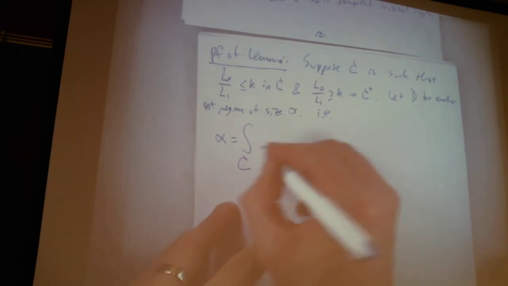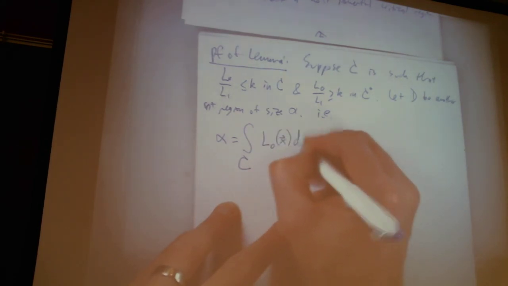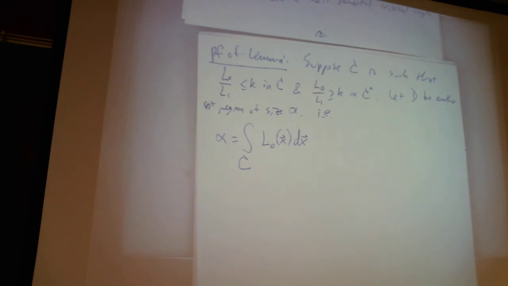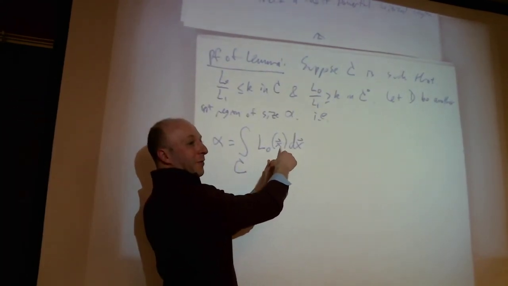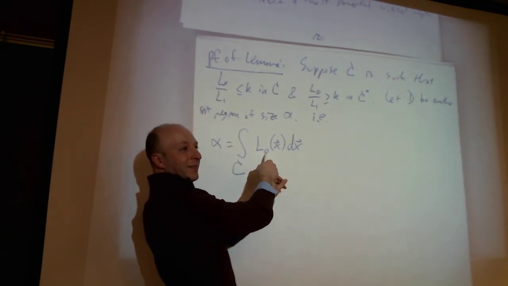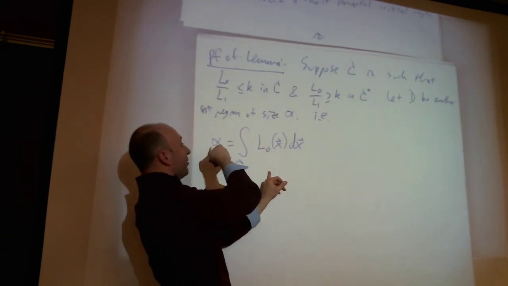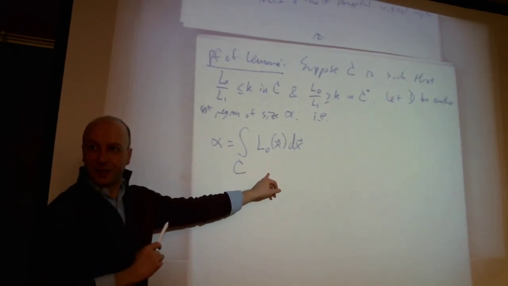That's literally what L0 is measuring. L0 is the product of the densities of the outcomes, assuming hypothesis 0 is true. And I integrate that over C, that's literally the size of the test, and I'm assuming the size of the test is alpha. Does everybody see that?